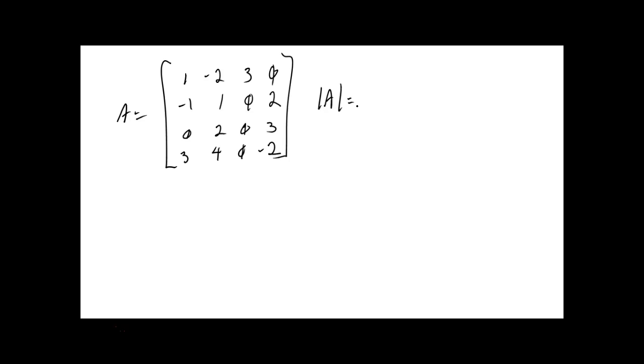This one wouldn't be awful, that one wouldn't be awful. This would be better than either of those two because you have a 2, and this wouldn't be awful. This would not be good. This is the best one. You've got the most zeros in it. So pick that column. Now, what you're going to do is go down that column doing your determinant.